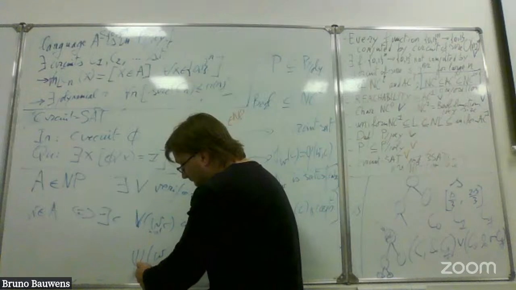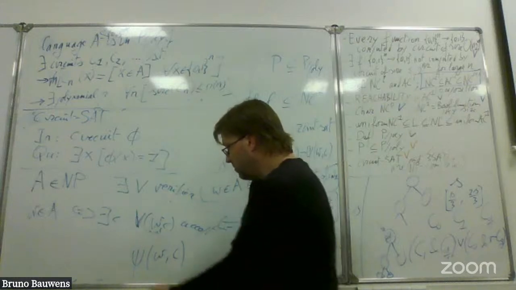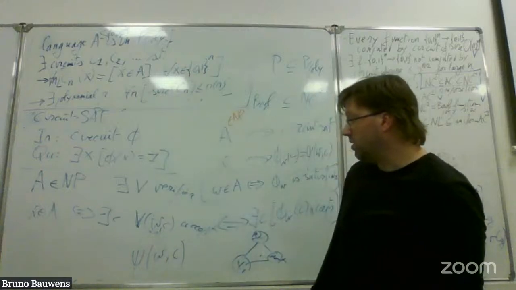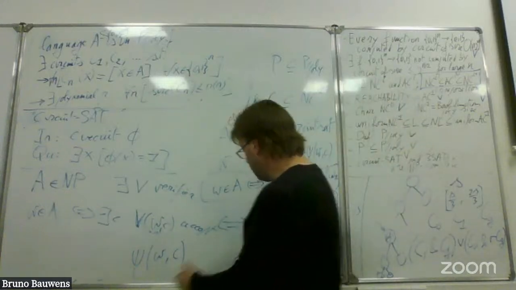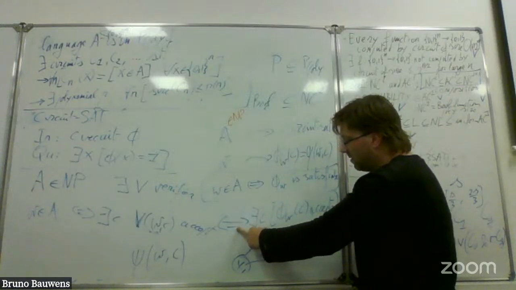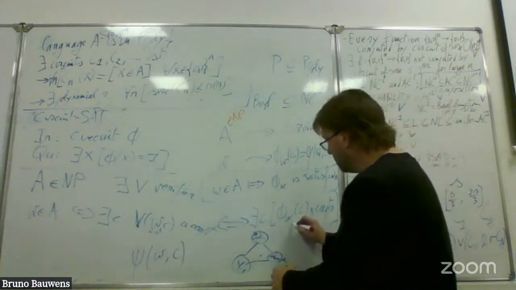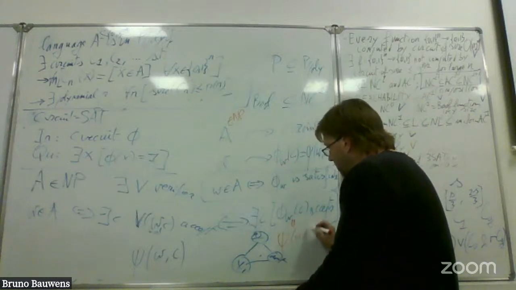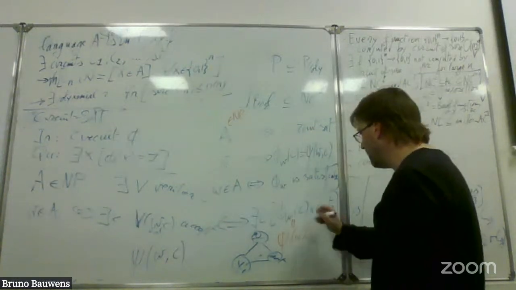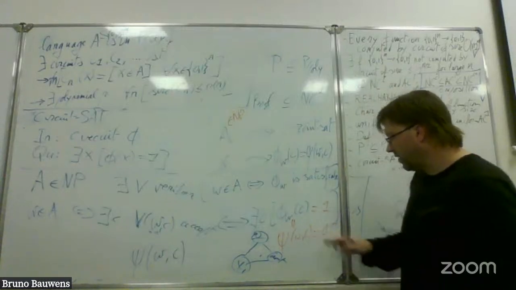And so the circuit psi works for all pairs W and C. So this we can always believe for all the W. And so now we are good because we have this equivalence. And because fixing W is the same, this is the same as psi of W, C. And so it's equal to 1.